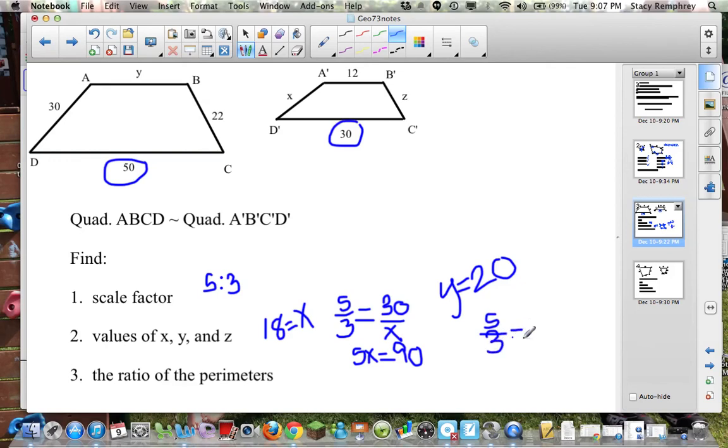Sorry, this pen's being crazy. Equals 22 over z. So if I cross multiply that, 3 times 22 is 66. Divided by 5 gives me z is equal to 13.2.